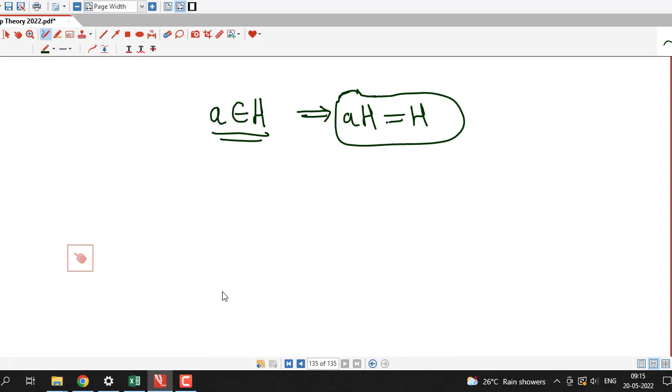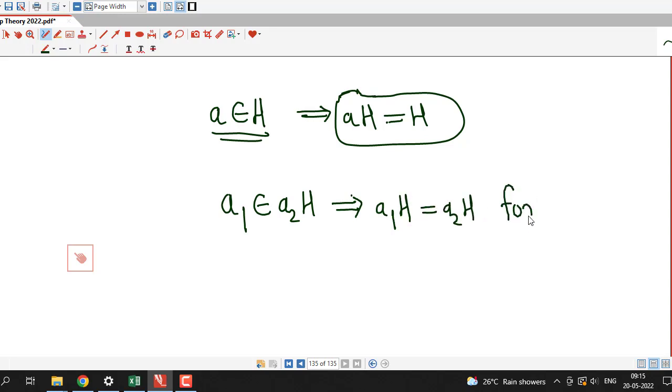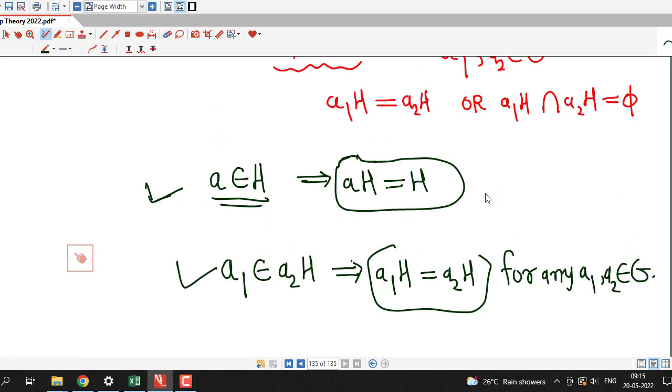So in general we have this property: suppose element A1 is a member of the left coset generated by A2, then A1H and A2H are always equal, for any A1, A2 which are members of the given group. So these two properties are very important. They will reduce our time in writing the left cosets.